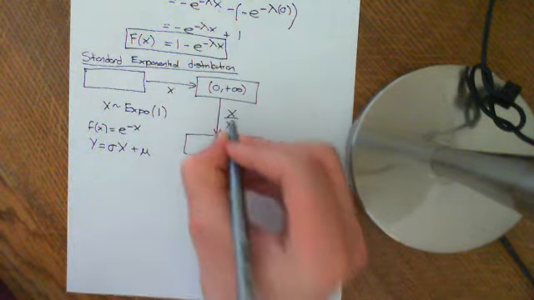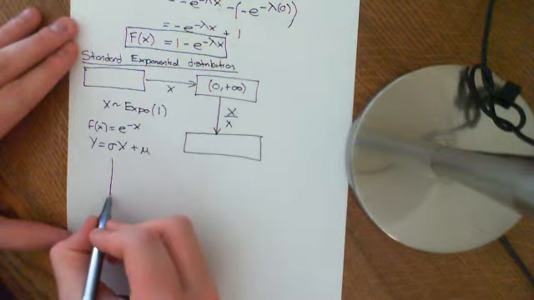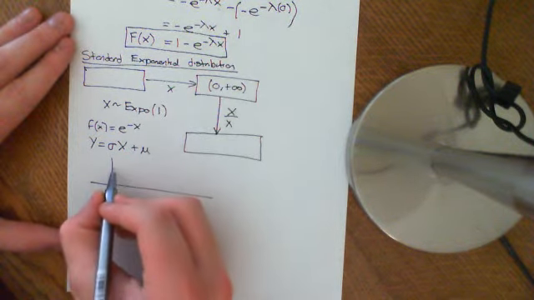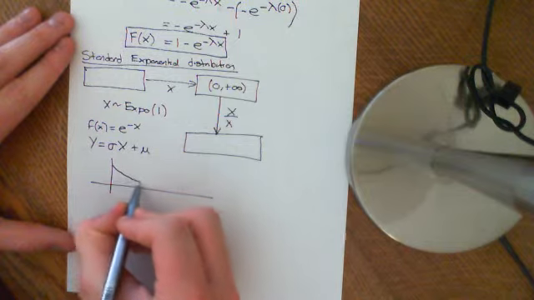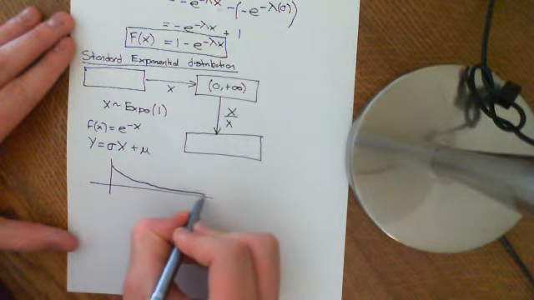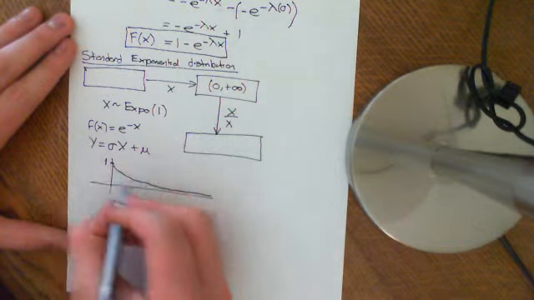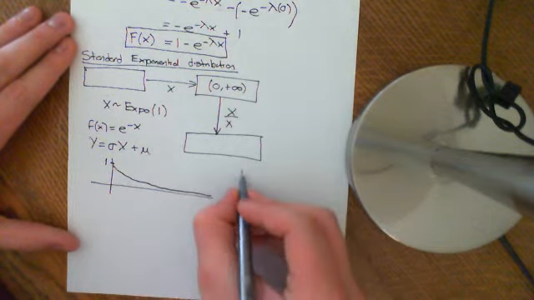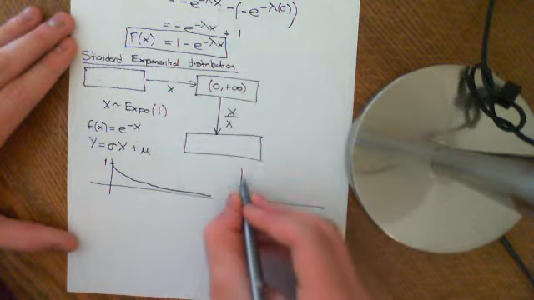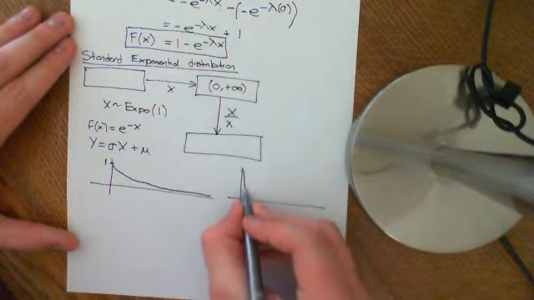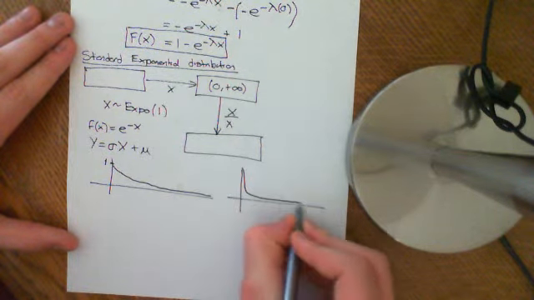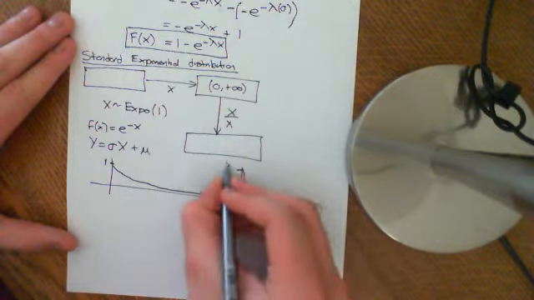If you think about this, the standard exponential distribution is going to have 1 here, and it's going to go down like that. A general exponential distribution is going to go up to lambda, and it's going to drop much more steeply.